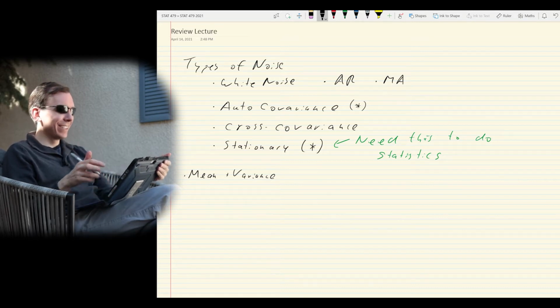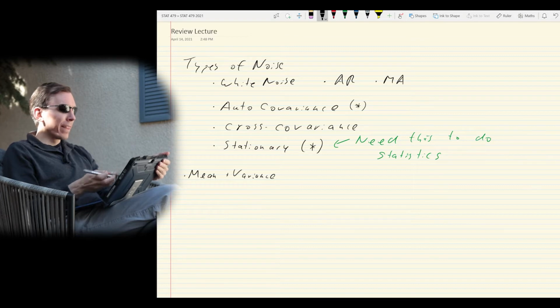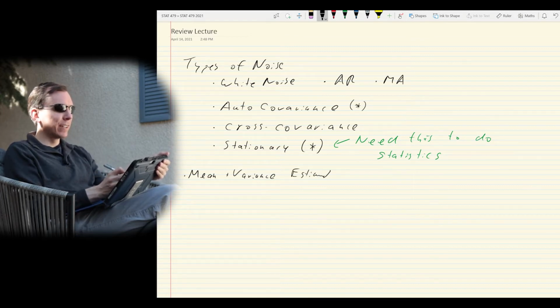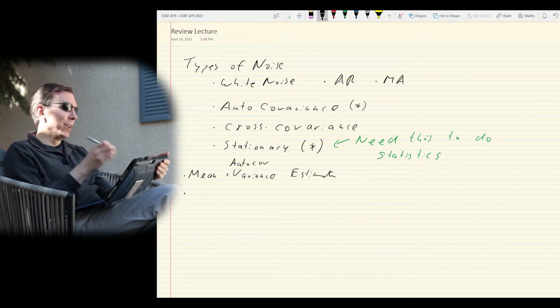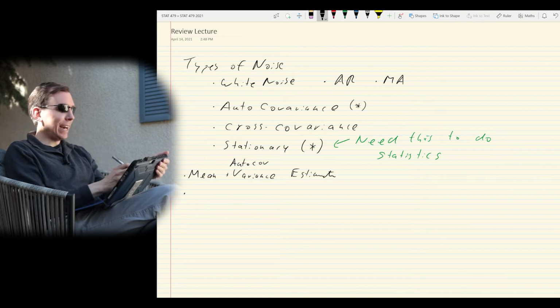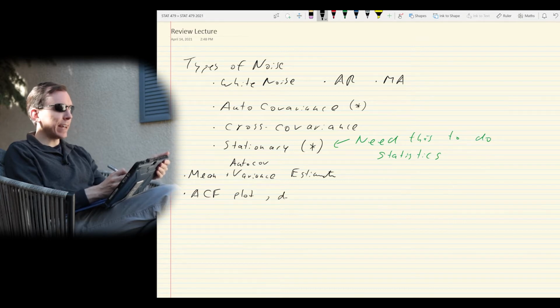We also talked about autocovariance estimation. We also looked at the ACF plot and detecting white noise.